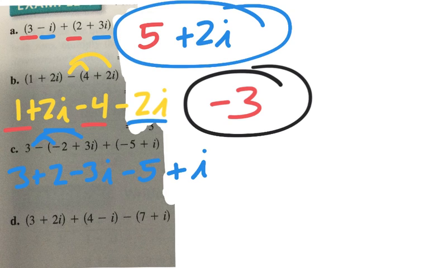And let's group them together. So the real parts, 3 plus 2 minus 5 is 0. So the real part of this complex number is 0. And then negative 3i plus i is negative 2i.